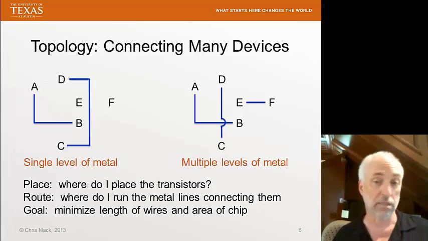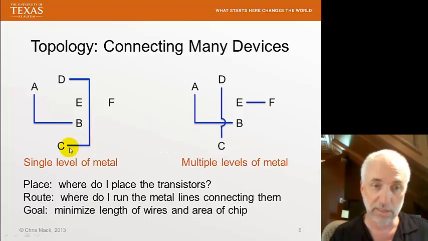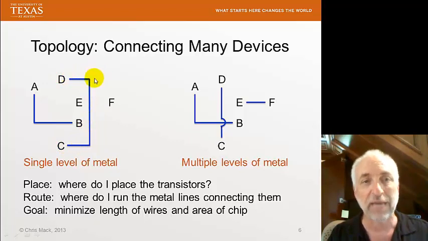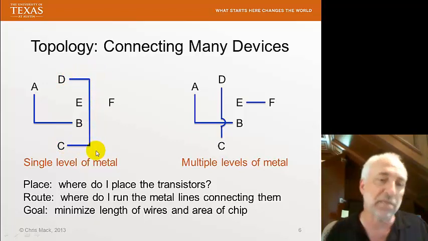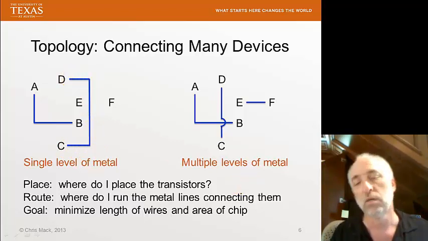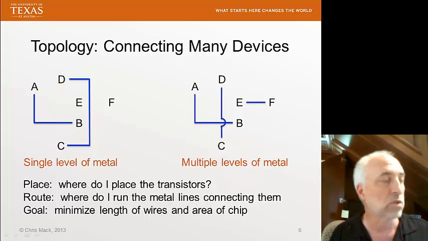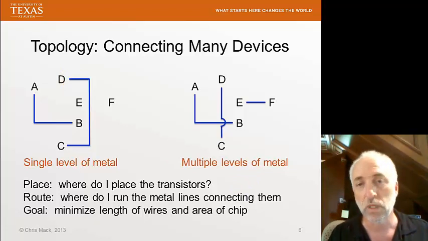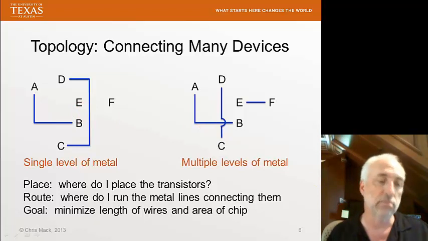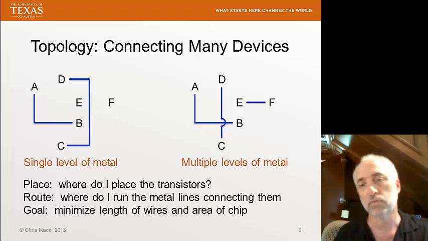How do I make the area of the chip smaller? Well, that's a function of how much extra space I use up to run these metal lines. If I have to make room to run a line and I have to spread my transistors out to give me room to run that line around, well, that uses up real estate and makes the cost of my chip go up. If, on the other hand, I can figure out where to place and route these lines so that they use less area, well, that results in a cost savings.